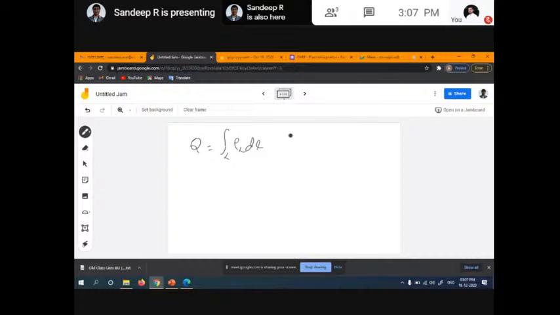If there is a surface charge, then Q is equal to the surface integral, which is understood to be a double integral, of rho S ds, where rho S represents the surface charge density. And finally, the total volume charge is the volume integral, which is the triple integral of rho V dV, where rho V is the volume charge density. This is how we obtain the total charge.